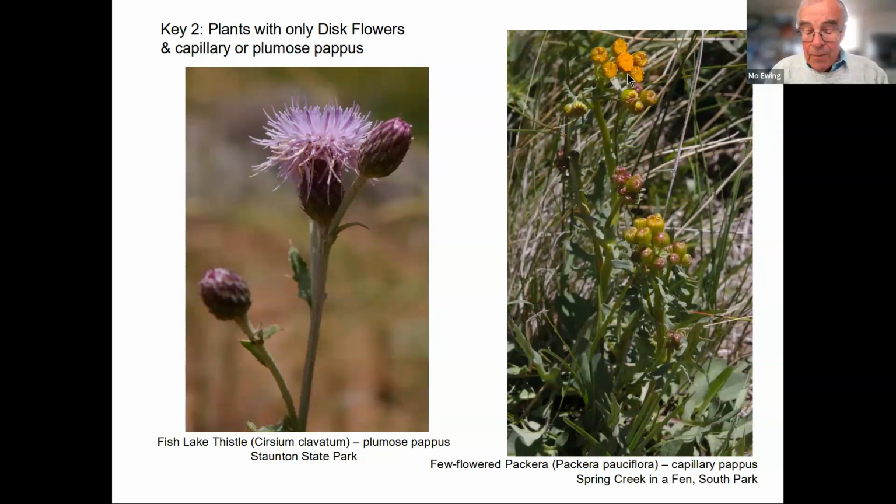Ackerfield in her second book said that this is misidentified as Packera debilis, but I don't know why. I shouldn't have even told you that. It's considered to be rare and endangered in Colorado. But this one has capillary pappus. This guy had the plumose, remember, the ones that were like feathers, and this one has just the capillary.